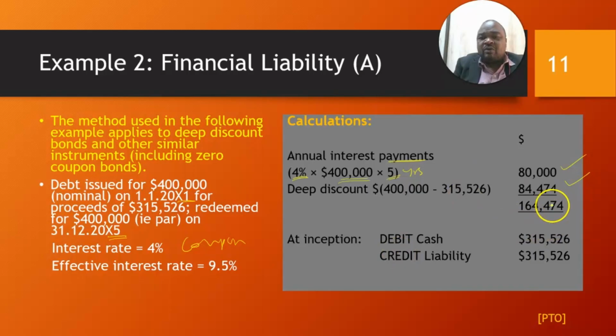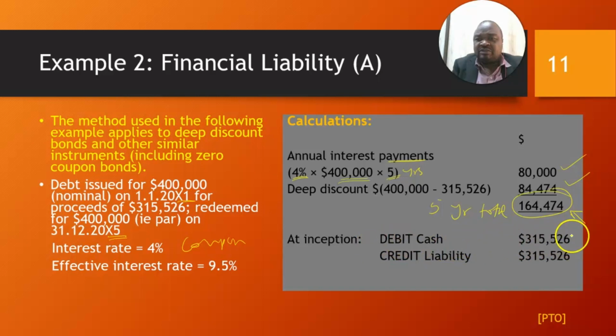We are not charged this amount annually; it simply shows that this is the 5-year total of interest payments. But initially, at inception, we are only going to recognize the proceeds because we have borrowed money.